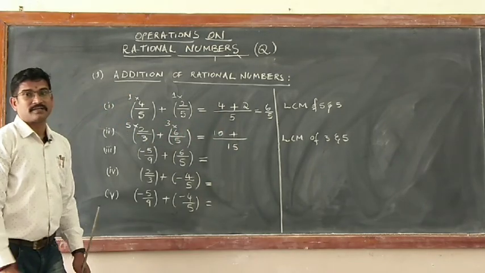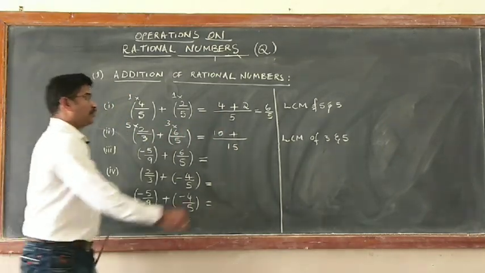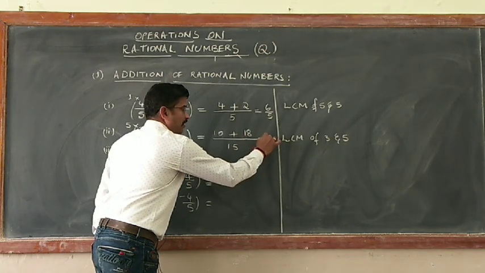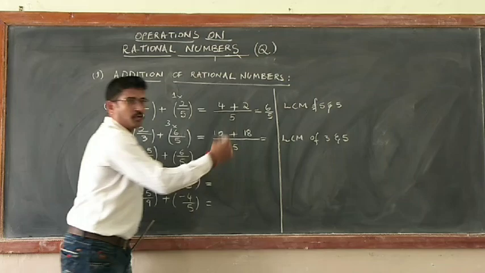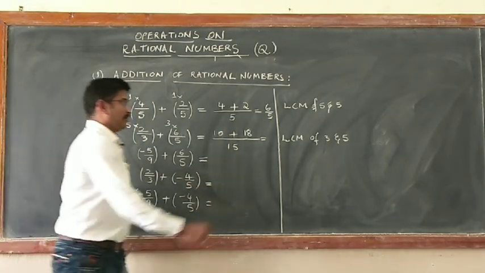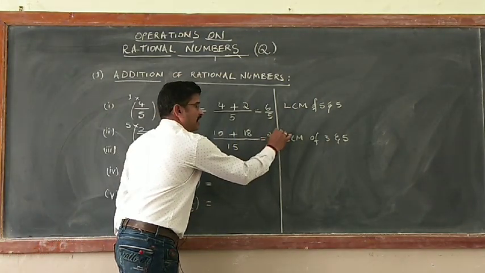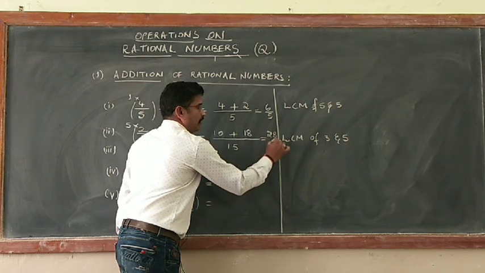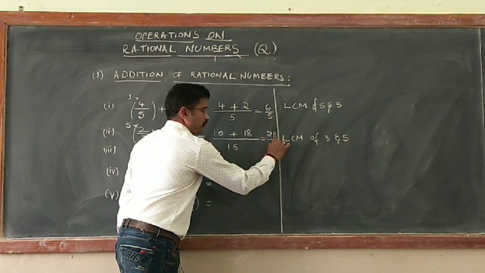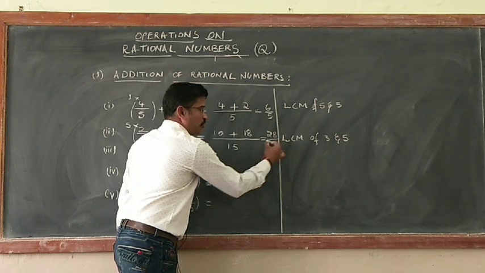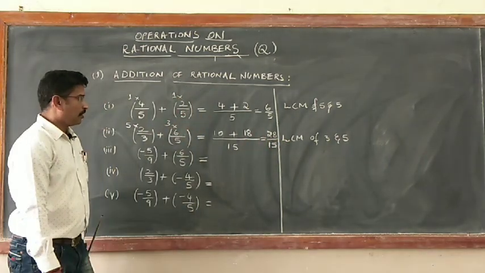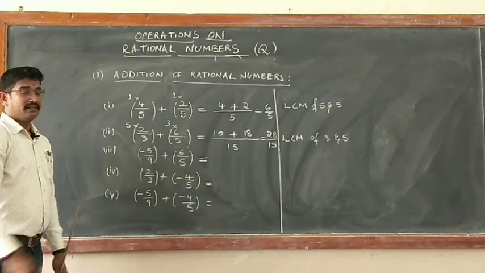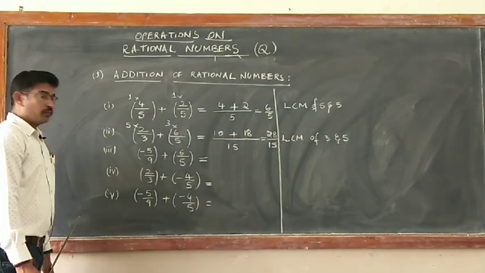So, 3 multiplies to the 6, the product of them, 3 6s are 18. Now, you know how to add 10 and 18, the sum is 28 upon 15. I hope it is visible. 28 upon 15.